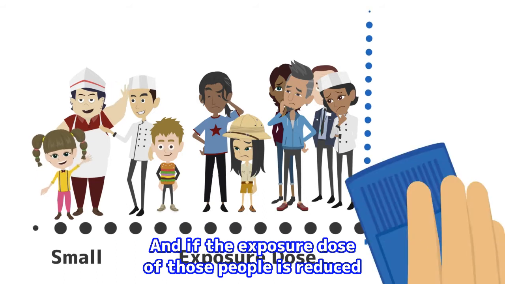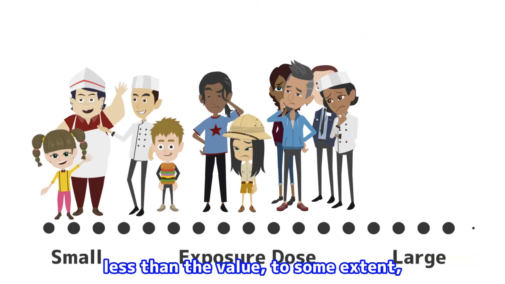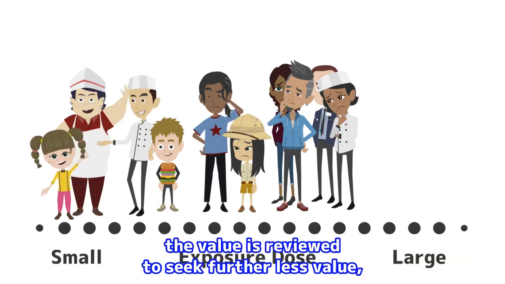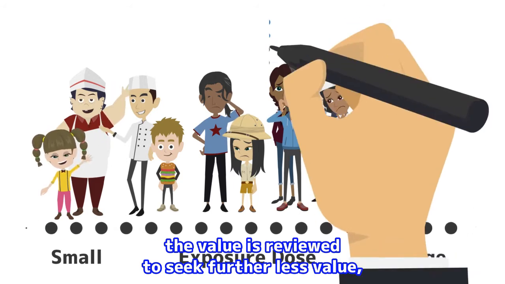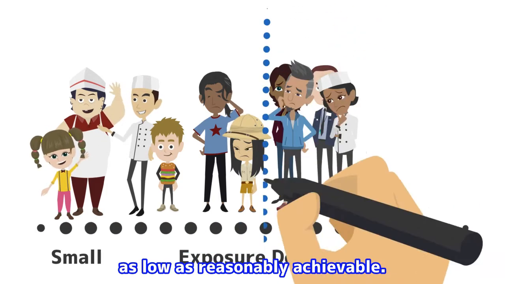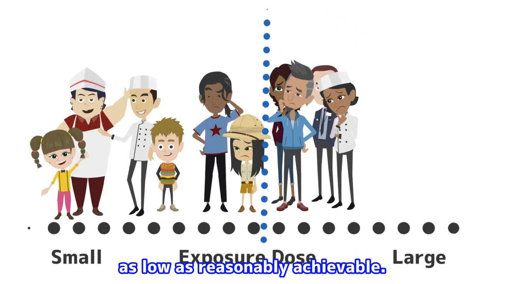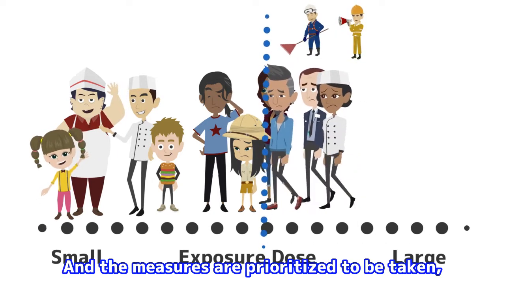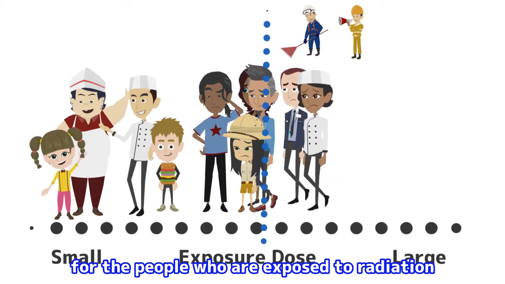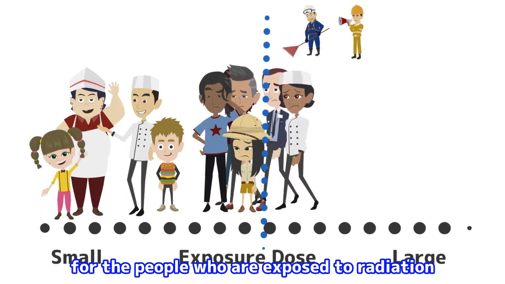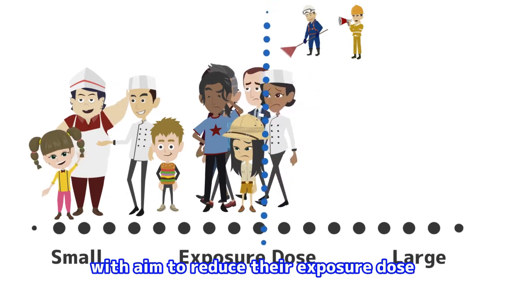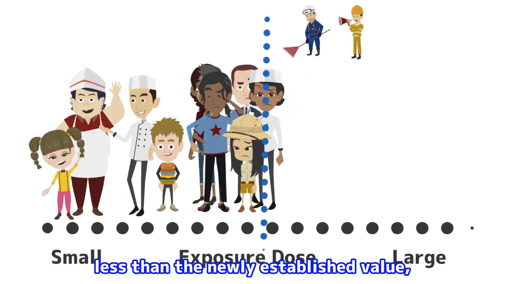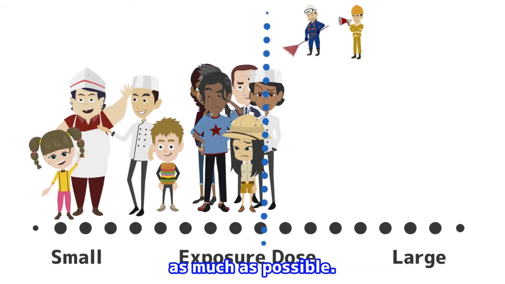And if the exposure dose of those people is reduced below the value, to some extent, the value is reviewed to seek a further lower value, as low as reasonably achievable. And measures are prioritized for the people who are exposed to radiation more than the newly established value, with the aim to reduce their exposure dose as much as possible.